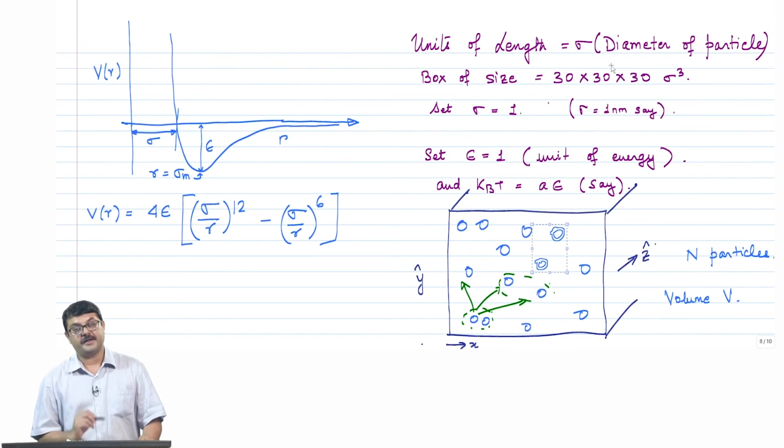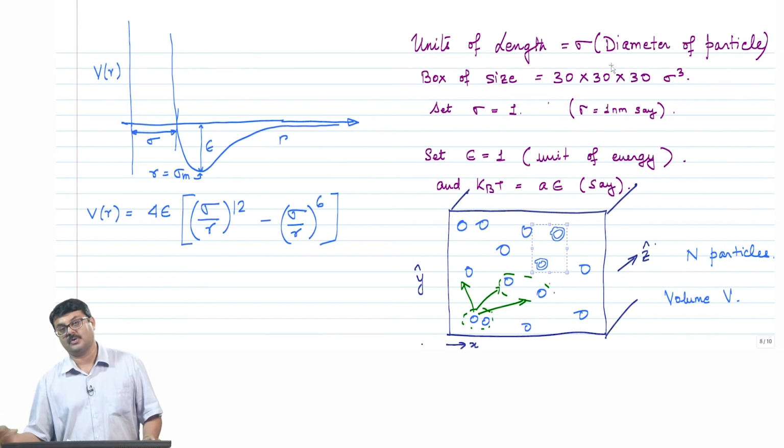So, for each particle you have to calculate the potential and the force of interaction with all of the particles in the box. Similarly, if you have n particles, for each particle you have to calculate the force with n minus 1 particles, and so on. It is basically an n square calculation.